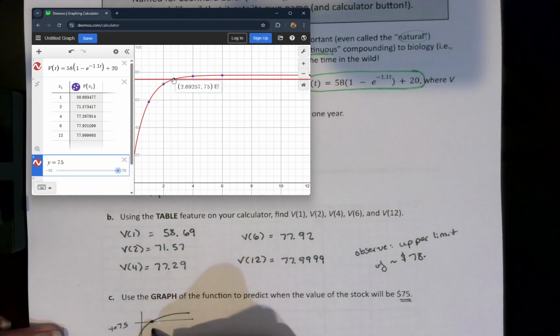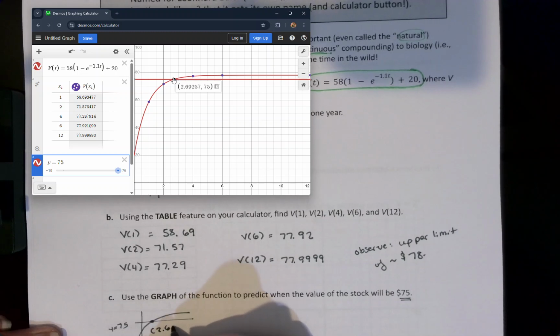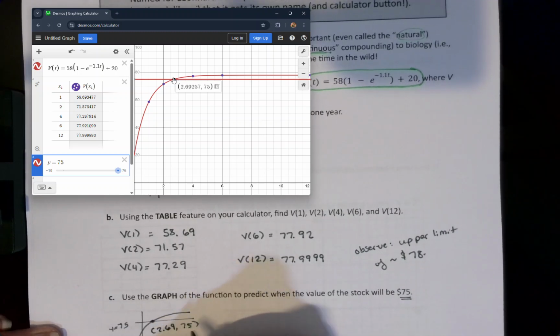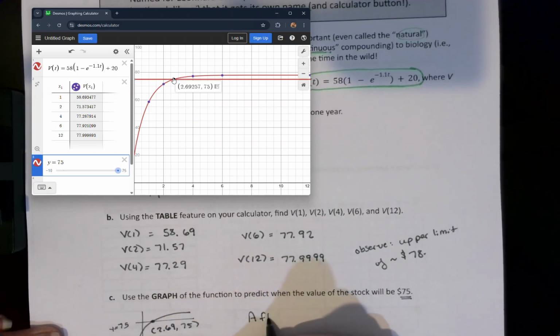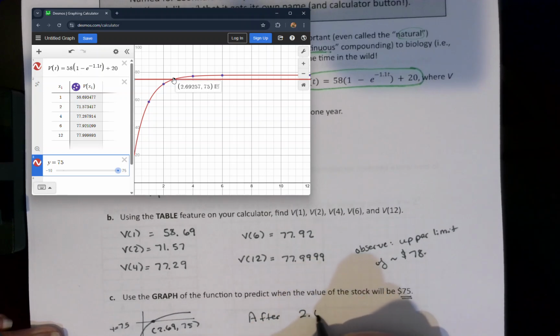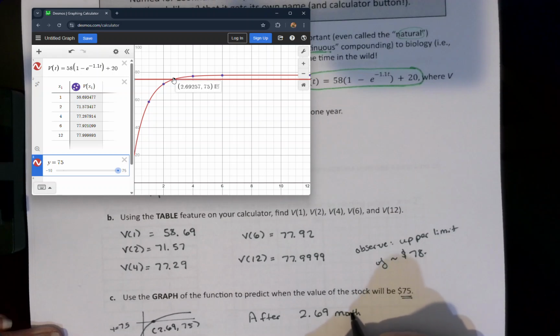Happens here, 2.69, comma 75. So we would predict after 2.69 months, the value was $75.